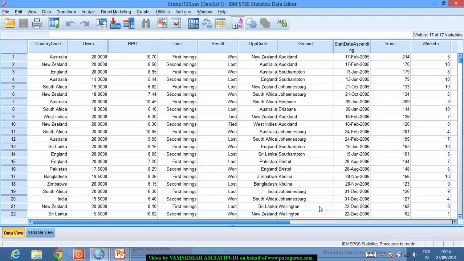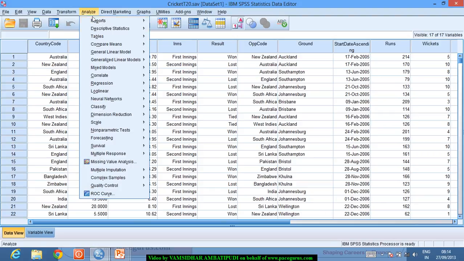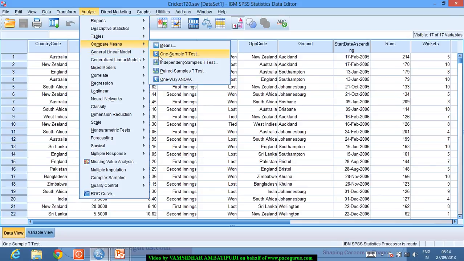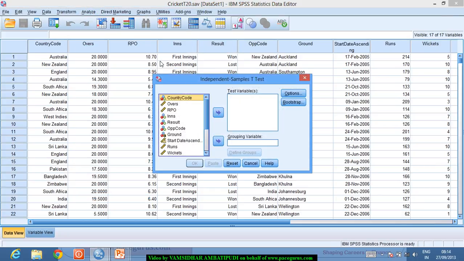Right? So we can very well select analyze, compare means, and here I'll go with independent sample t-test. Here I can specify the runs per over, and the grouping variable I would like to do on the country code.